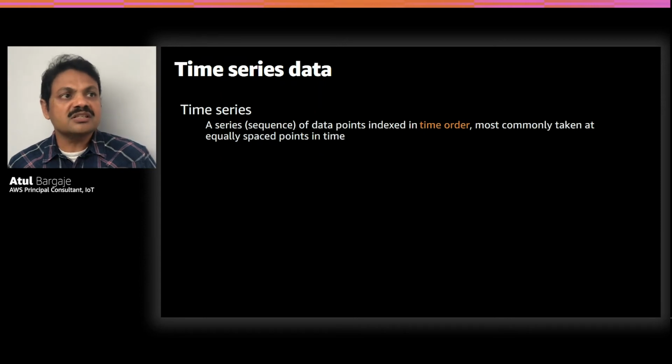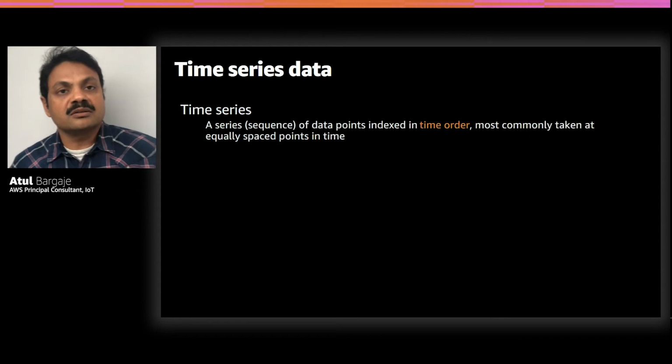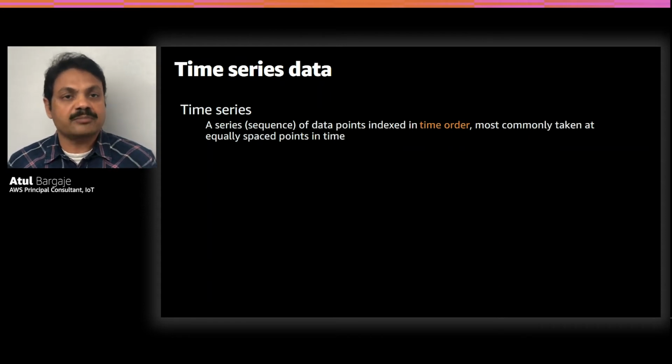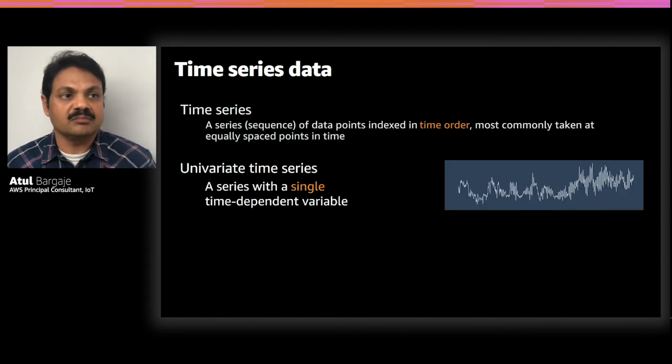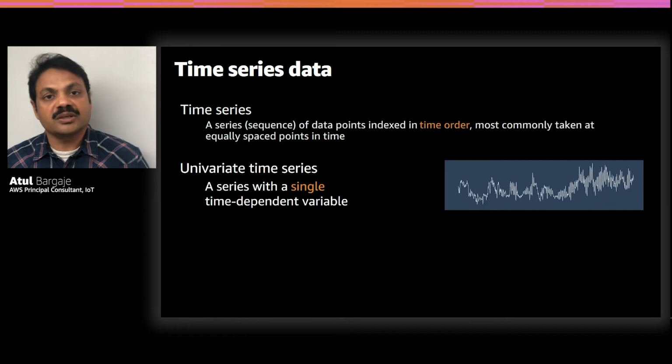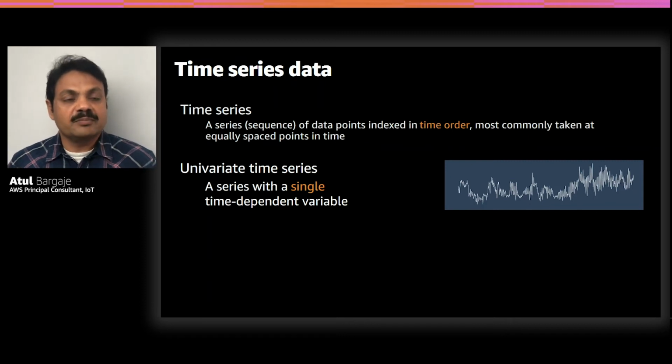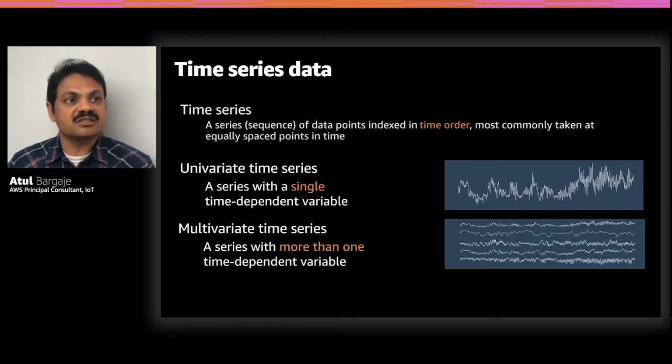Now, a time series can be univariate, where you have one variable being captured at an instant in time, or you could capture multiple variables for an instant of time. For example, you could capture temperature, pressure, and vibration for a time instant, which makes it a multivariate time series.